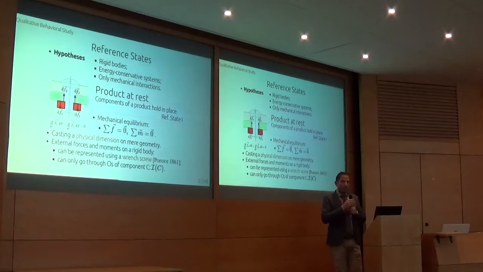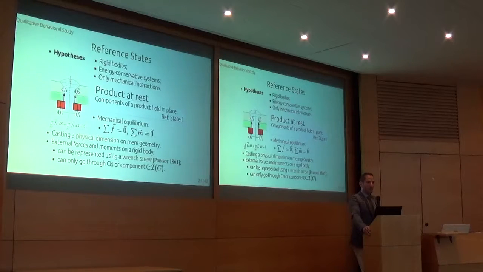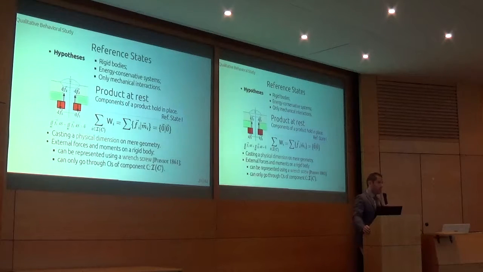Now we know that a system of external forces and external moment applied on a rigid body can be represented by a force vector and a moment vector, that is a wrench screw. Assigning a wrench screw to each conventional interface based on a given functional interpretation allows us to state mechanical equilibrium equations as follows: the sum of all wrench screws over all conventional interfaces of a component equals 0.